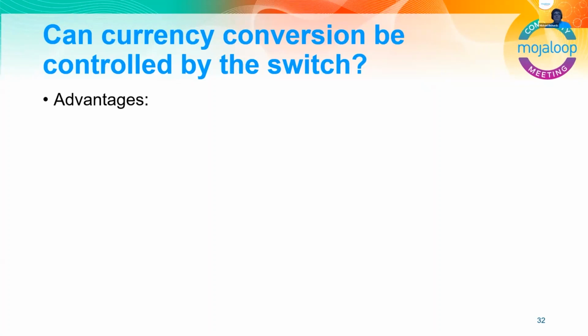They could either do it per transfer, payment versus payment, or alternatively, they could make a bulk purchase of currency if they wanted to, and then simply use that to fund particular transfers. However, the question we were asked is, could it be controlled by the switch?